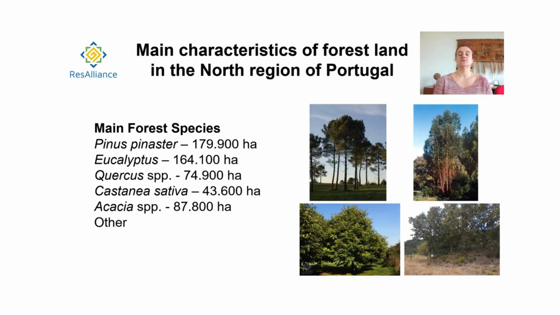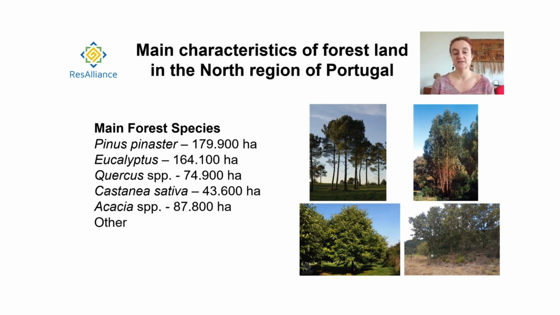The main characteristics of the forest land in this region: it is mainly occupied by Pinus pinaster and eucalyptus. It also has a large number of Quercus species that exist in mixed native forests.